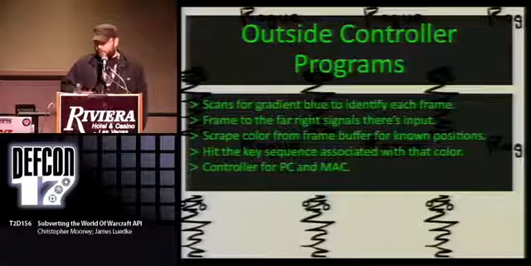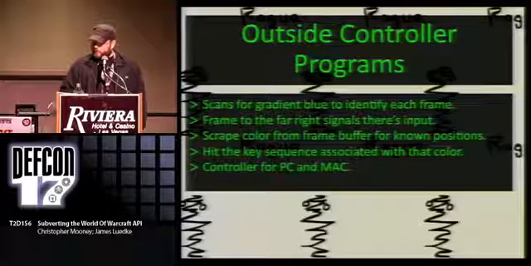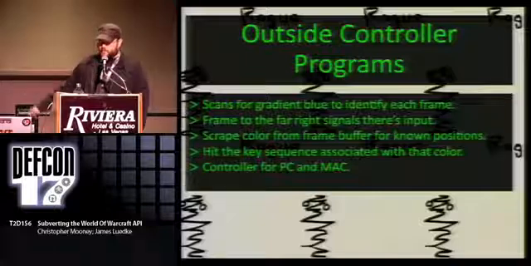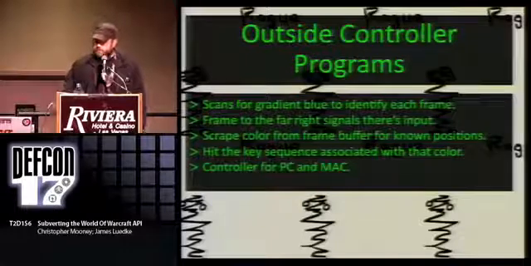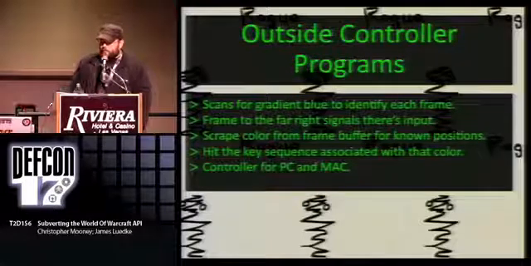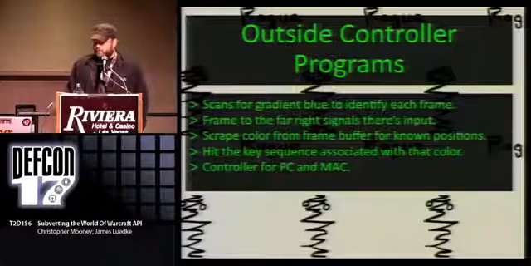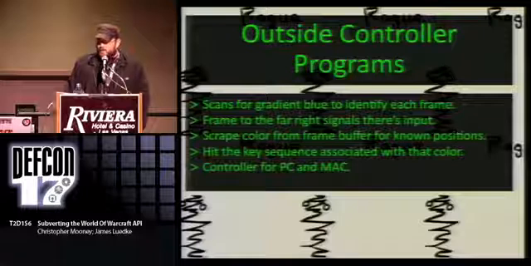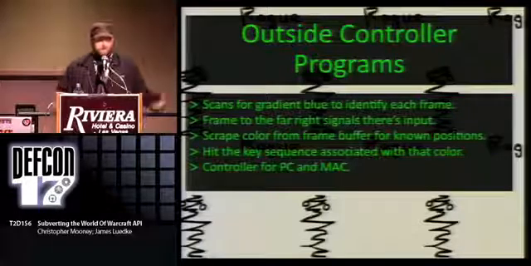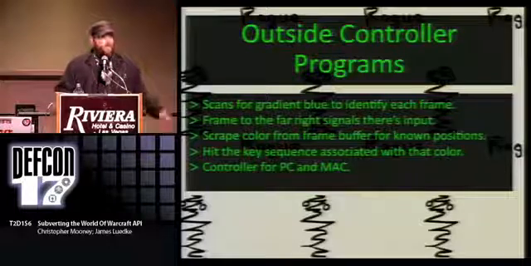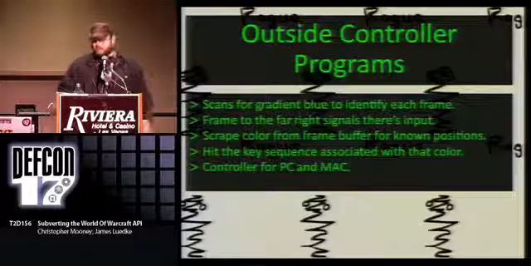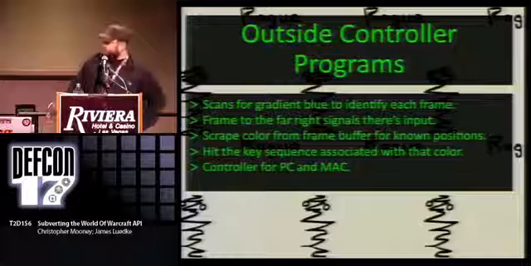The frame to the far left signals that there's input. We scrape the color from that frame, so we basically are doing a frame buffer call and getting the information from that. And we have that color mapped to a key in the controller program, and it hits that key, but it hits it in a sequence of a bunch of contexts.